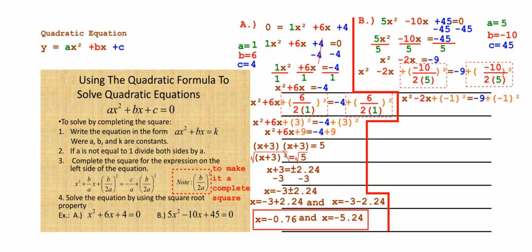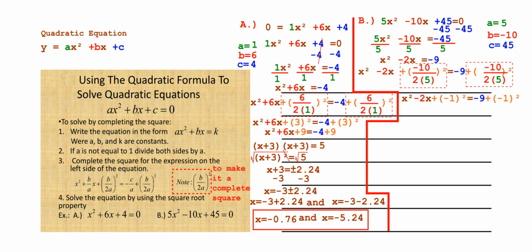So let's simplify them. Negative 10 divided by 2 times 5. 2 times 5 is 10. 10 divided by 10 gives us 1. And then negative divided by positive, still a negative. So in a sense, we get a negative 1 squared. So our formula so far, x squared minus 2x plus minus 1's quantity squared, right?